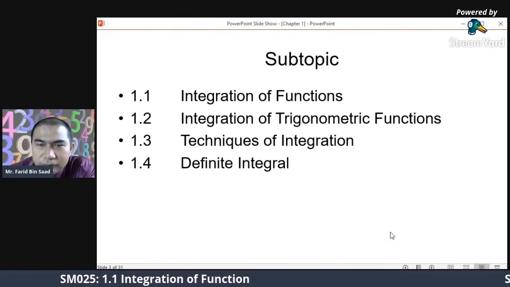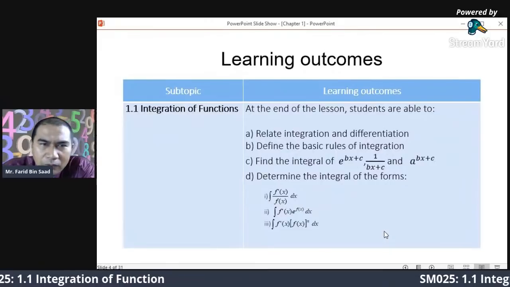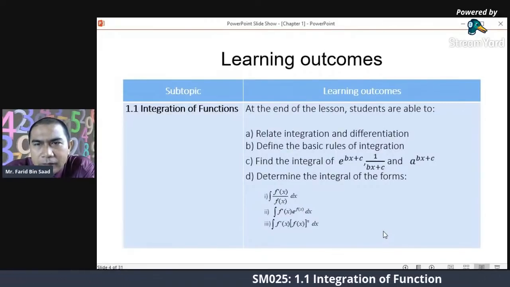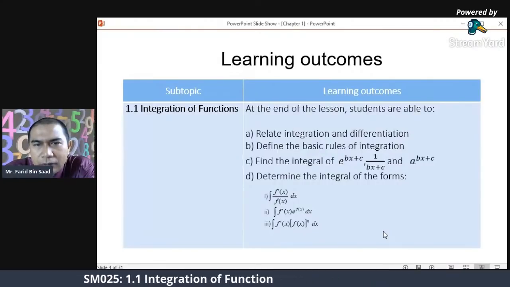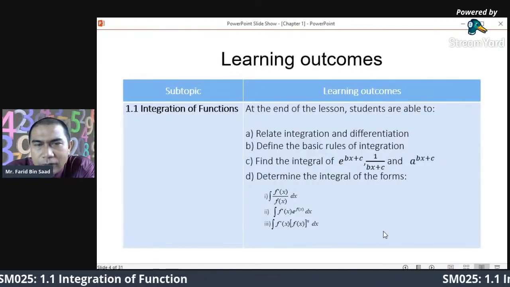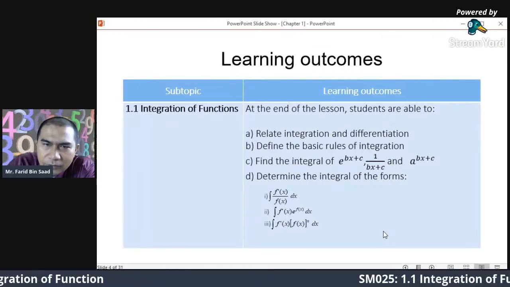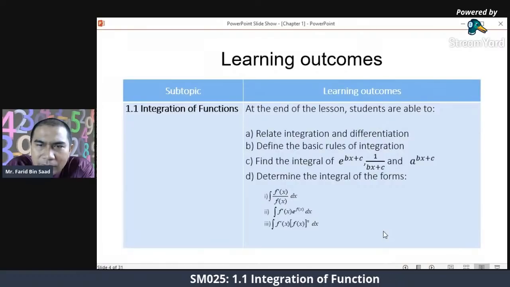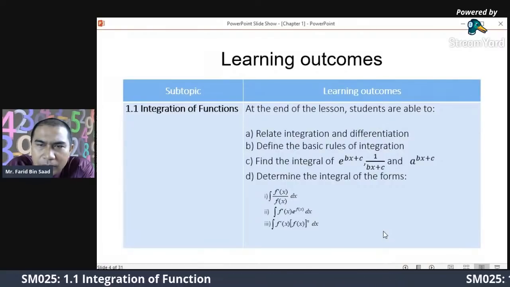Next, for subtopic 1.1, integration of function, the learning outcomes at the end of the lesson are that you should be able to: A, relate integration and differentiation. B, define the basic rules of integration. C, find the integral of e power of bx plus c, 1 over bx plus c, and a power of bx plus c.